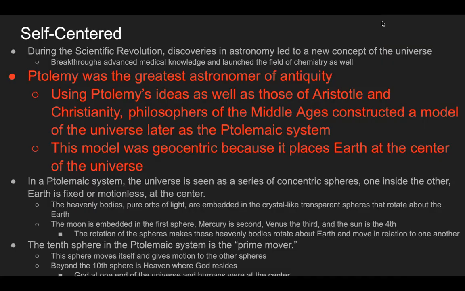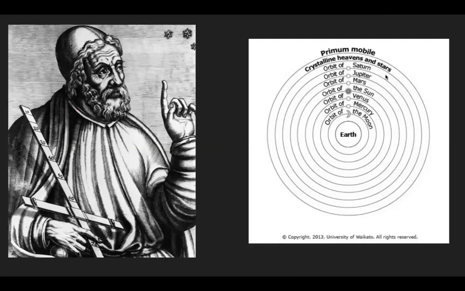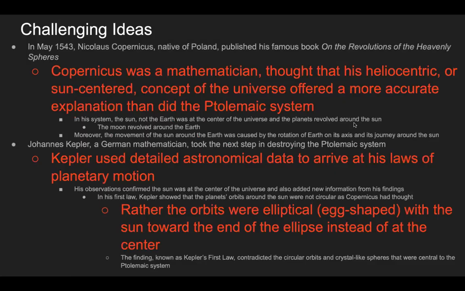I mean, considering Earth motionless, when you step outside, you don't feel like you're moving, right? So Ptolemy had this idea that, hey, we aren't moving, but all these other bodies are moving around us. So therefore, we must be at the center of the universe. It's not too crazy.